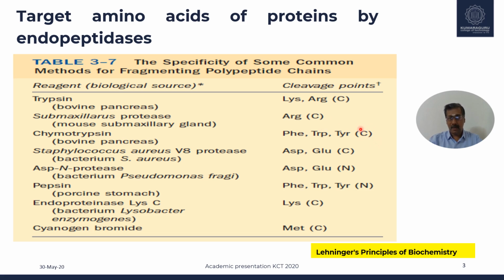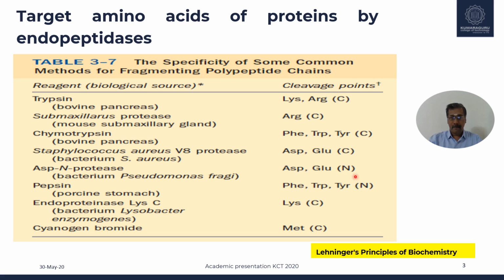So here C means the carbonyl group in a protein should be contributed by either phenylalanine or tryptophan or tyrosine. If it was contributed by any one of these amino acids, that particular CONH peptide bond will be specifically targeted by your chymotrypsin. So that is the meaning of the C.